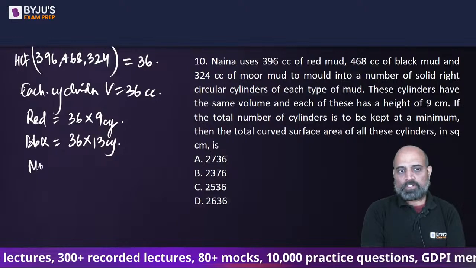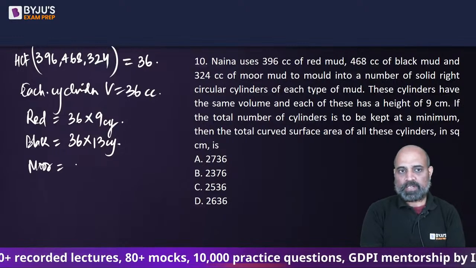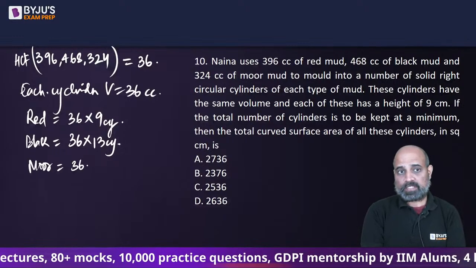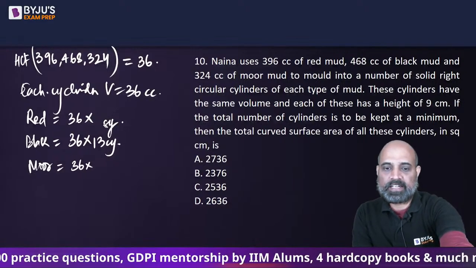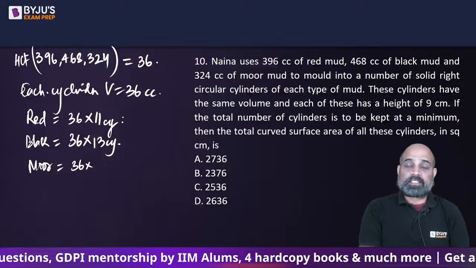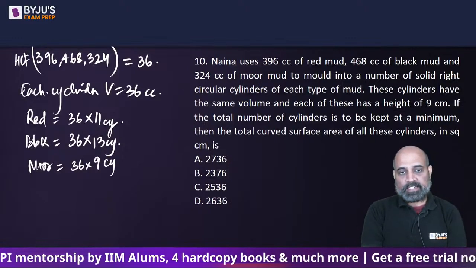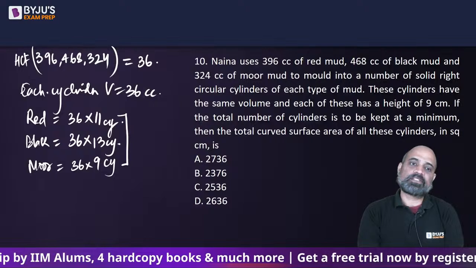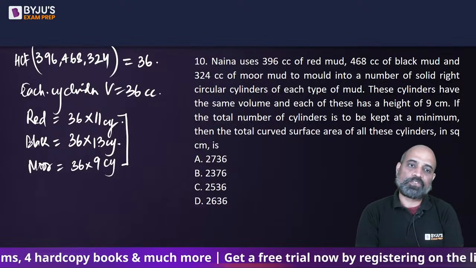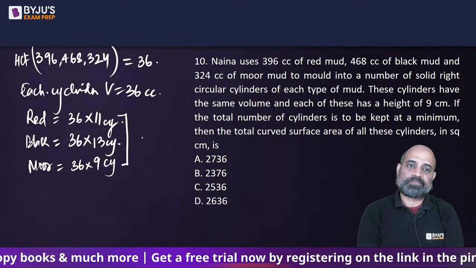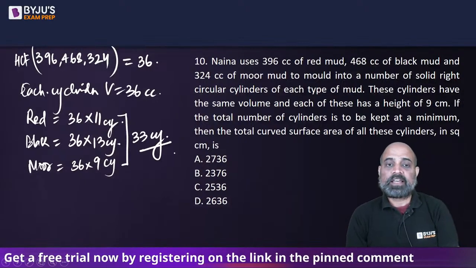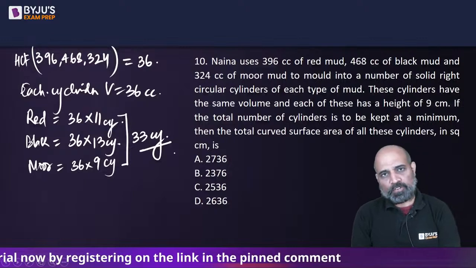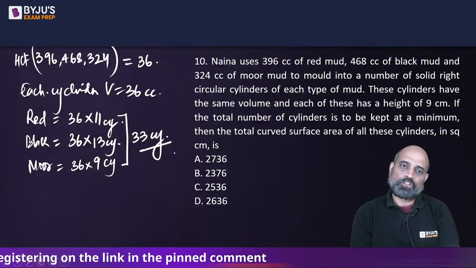And if we talk about the moor mud, this is going to be 324, which is 36 into 9, so 9 cylinders. So we can see that we are going to have a total of 33 cylinders, right? And each cylinder is going to have a volume of 36 cubic centimeter.